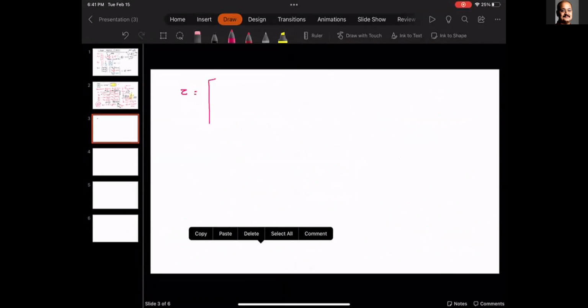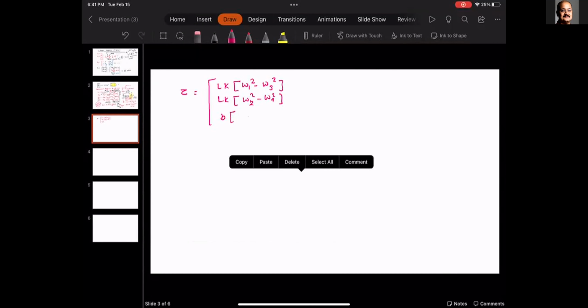The torque equation is Lk times omega 1 square minus omega 3 square, Lk times omega 2 square minus omega 4 square, and last but not least, omega 1 square minus omega 2 square plus omega 3 square minus omega 4 square.